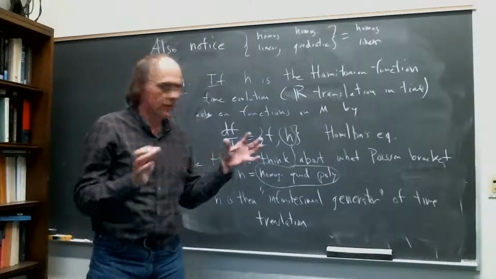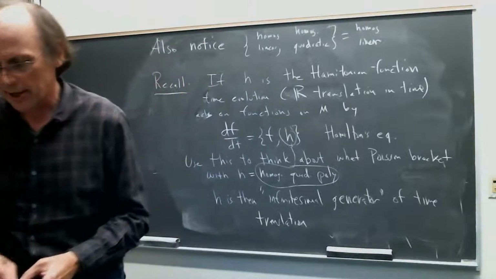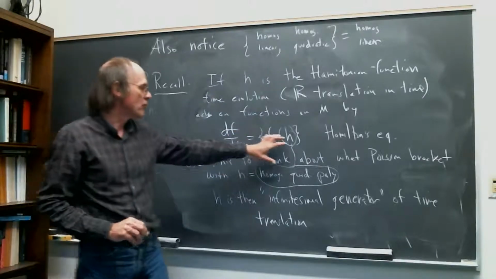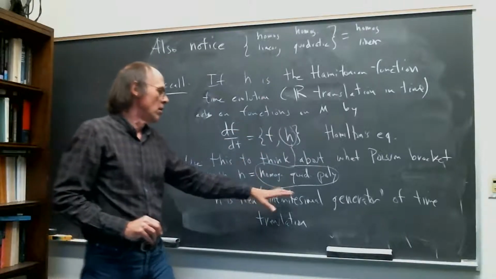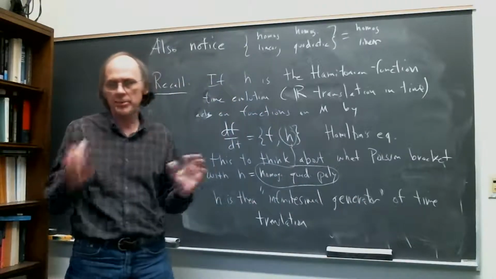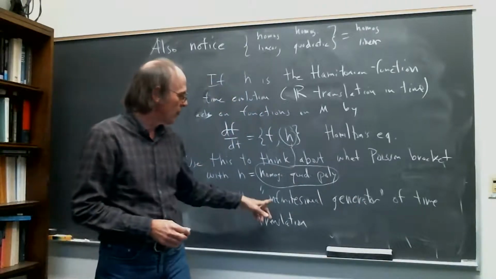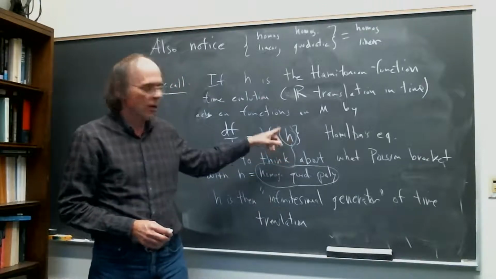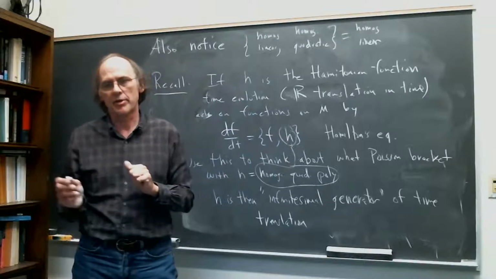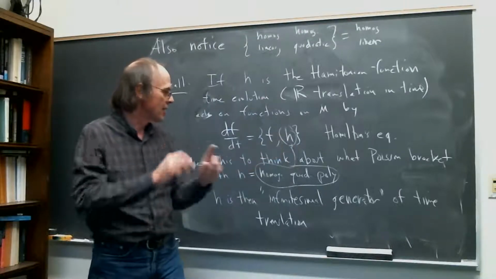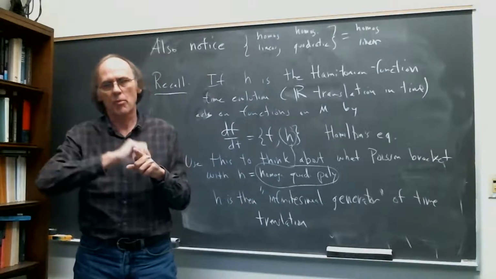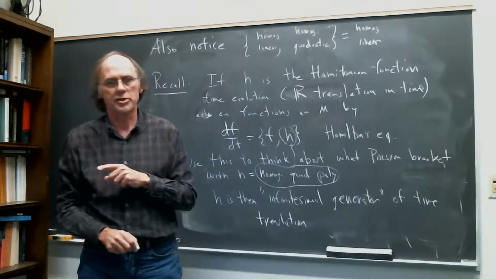So the general principle that we're interested in here is that if we know that our system has some kind of symmetry, we want to find the corresponding function which generates that symmetry, in the same sense that this H generates motion along time translation along trajectories.